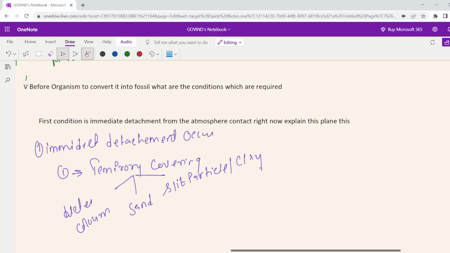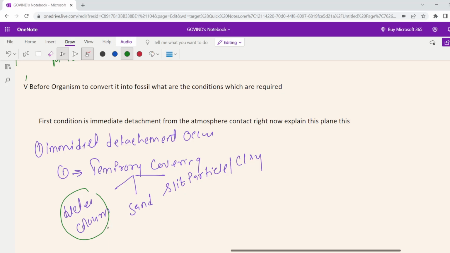But if the temporary covering is permanent, then the chances of converting a dead organism into fossils are very, very high, that is maximum. It is important, guys, that the temporary covering is very well maintained in water. If the organism is covered under the water, then this temporary covering is very well maintained within the water.